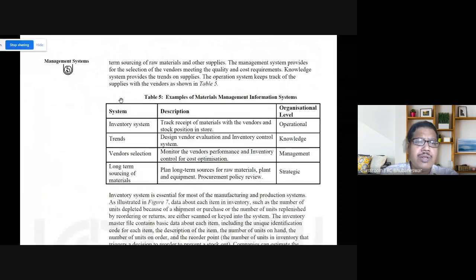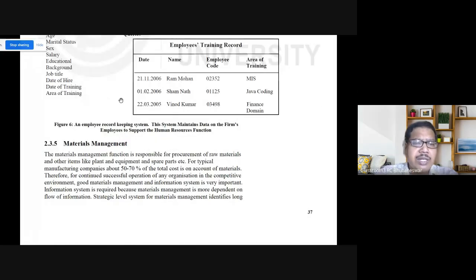Now comes the next one, that's your material management. In case of material management, we are functionally responsible for procurement of raw materials and other items which we will require for the organization. It can be a spare part also.